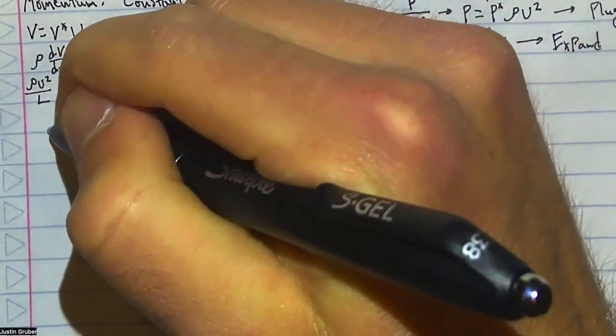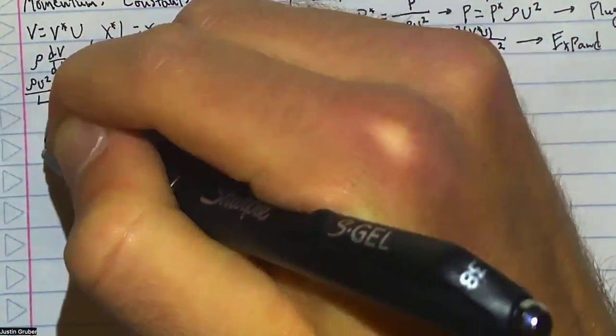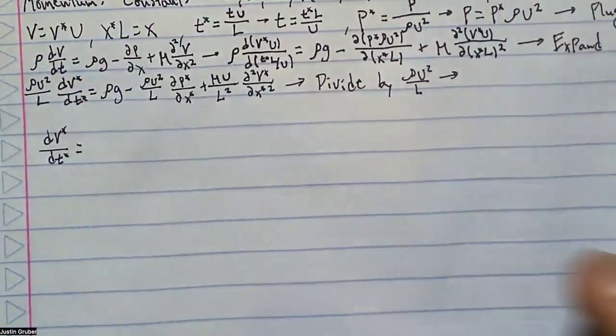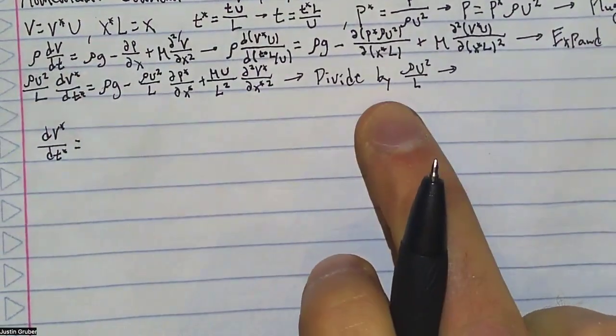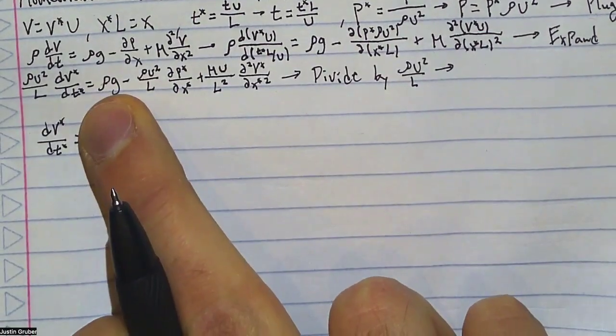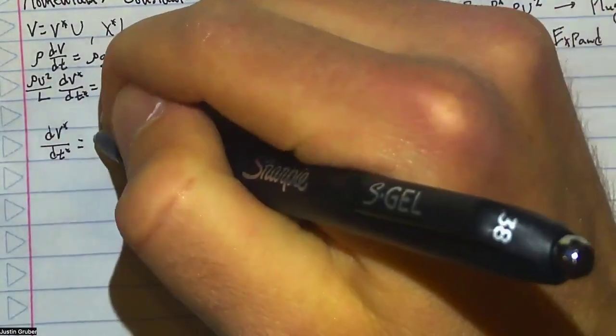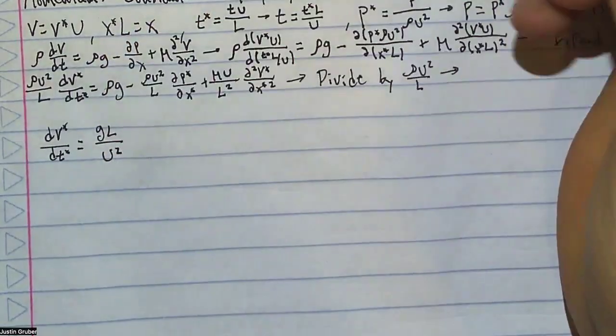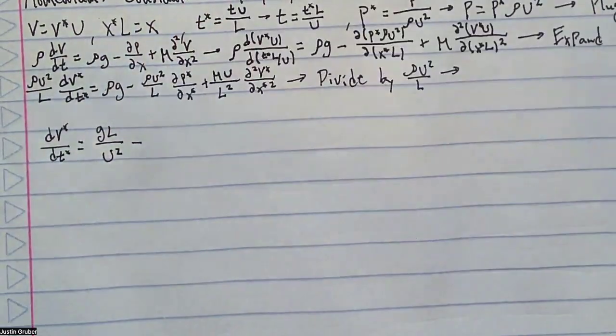So we get stuck with a dv star dt star equals. So if I divide by a rho U squared over L, see this term, those cancel. So we get a GL over U squared minus that whole term just goes away, so that's sweet.